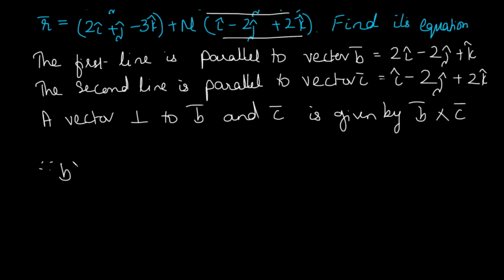B cross C can be found by writing their determinant. We write i, j, k. The first row becomes 2, -2 and 1. The second row becomes 1, -2 and 2.